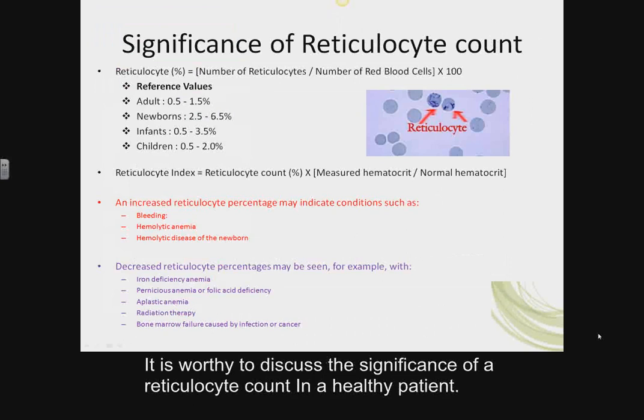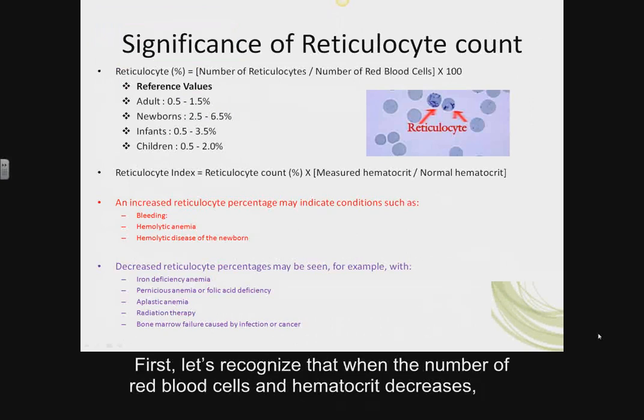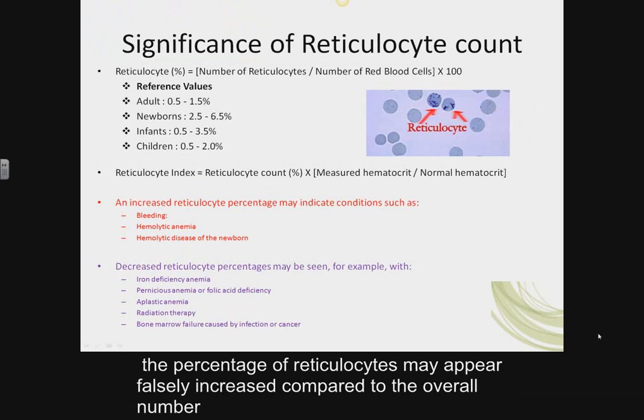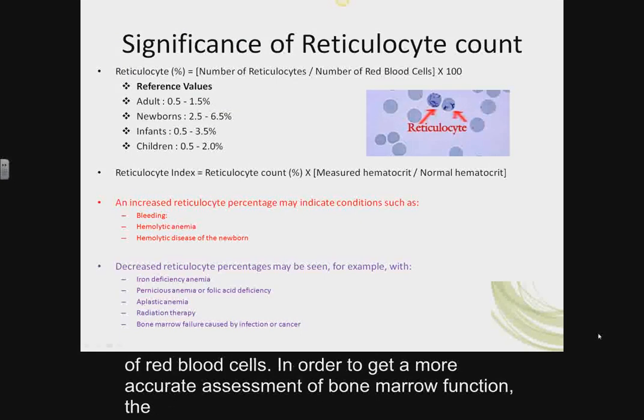It is worthy to discuss the significance of a reticulocyte count in a healthy patient. First, let's recognize that when the number of red blood cells and hematocrit decrease, the percentage of reticulocytes may appear falsely increased compared to the overall number of red blood cells.